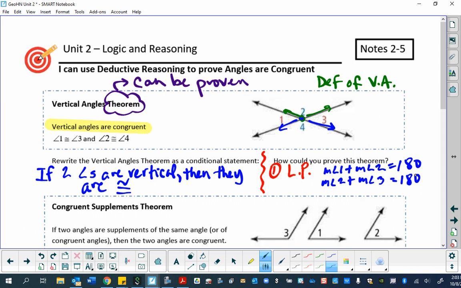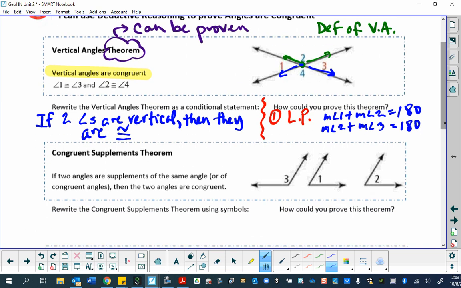Where do you see this witchcraft? You ready? Measure of angle 1 plus the measure of angle 2 is equal to the measure of angle 2 plus the measure of angle 3.